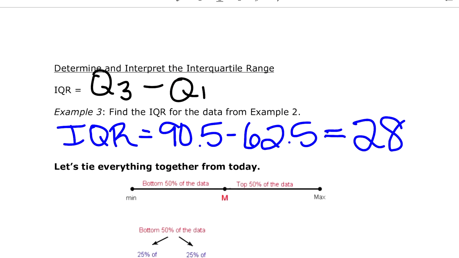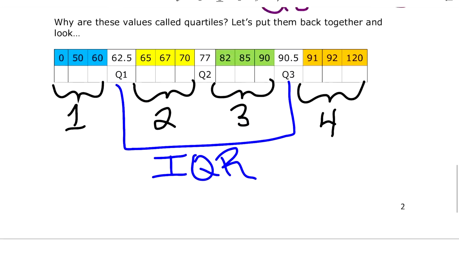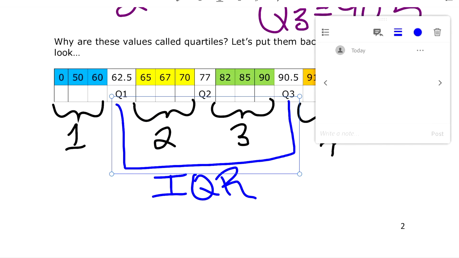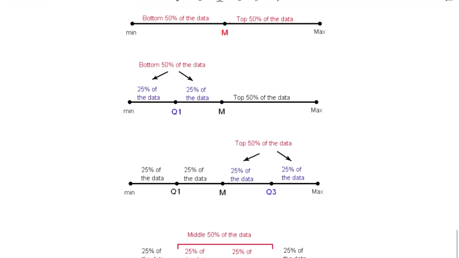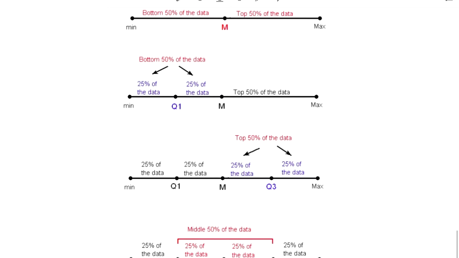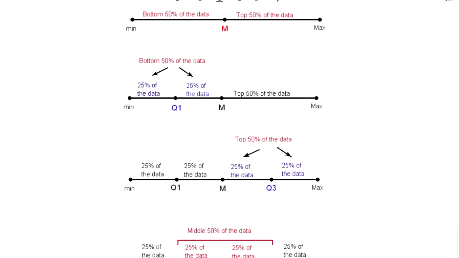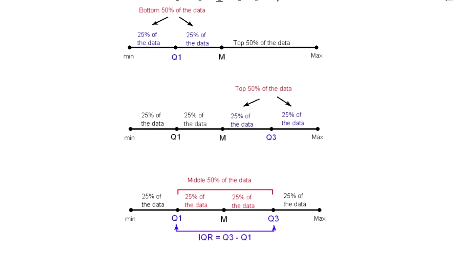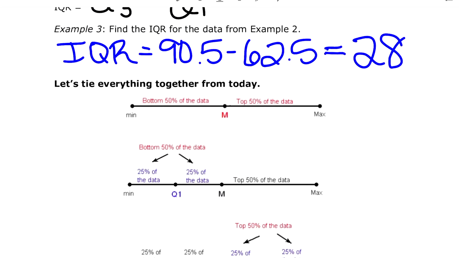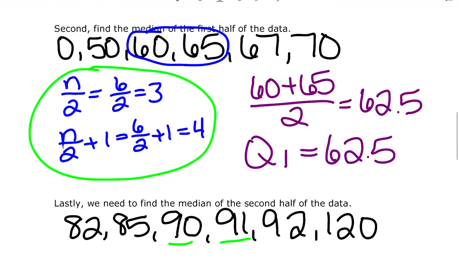So up here, 28. 50% of my data is in this range of 28 numbers. Okay. So this last graphic is going to be really helpful, especially in the next section that we do. We're going to create a box plot. And it's going to be really important to remember what percentages of the data are in each of these sections that we've created. So that's it for this section of notes.